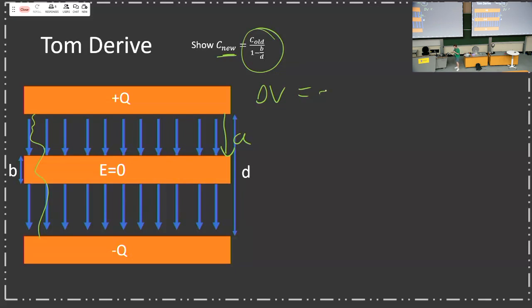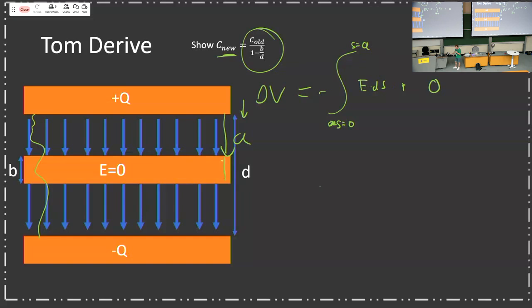Anyway, so this is going to be the negative of, but remember, we don't really care about that negative, the integral of, let's call this distance x. It doesn't really matter. Oh, let's do s, fine. s equals 0 to s equals a of E dot ds, plus 0.